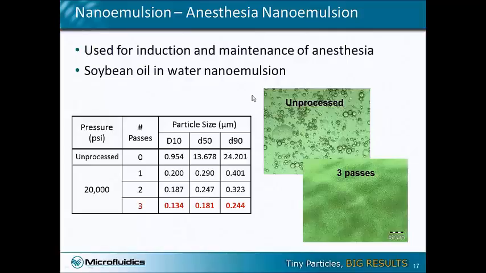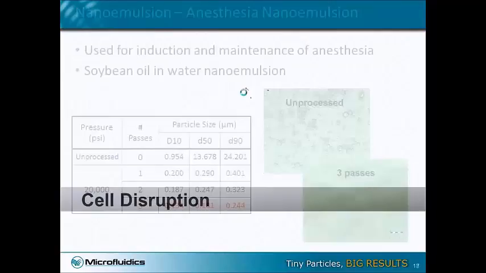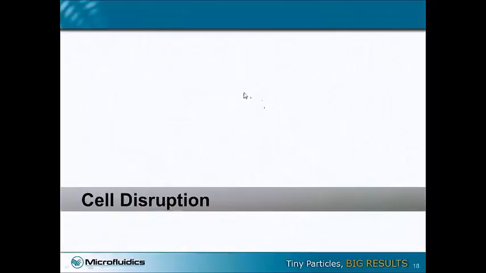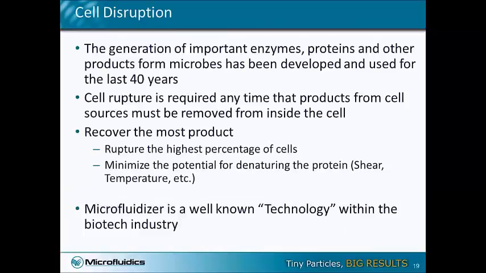The next application is cell disruption. Cell disruption is actually a very important step for anyone using cell-based expression systems. The cell-based expression system has been used for a long time, and it's a mature technique for getting important proteins, enzymes, or any other products.